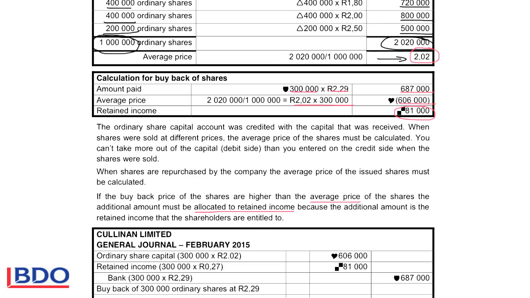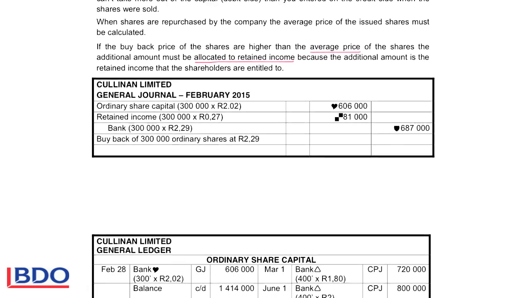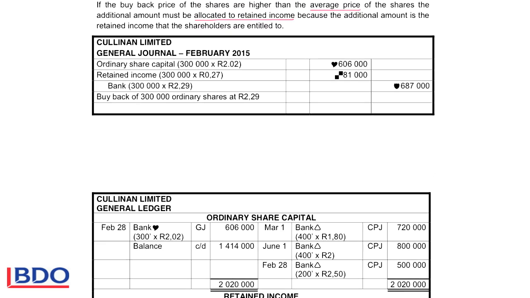If we want to record this journal entry, we will show that the ordinary share capital account will be debited with the R2.02 times 300,000 that we buy back, and that means that capital will be decreased with 606,000.